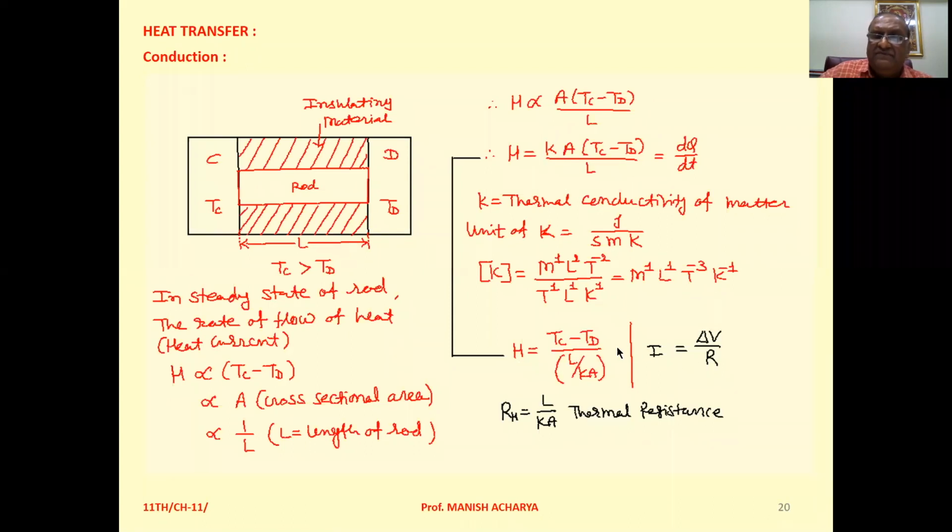If we think about the analogy, in this equation R is the electrical resistance, so we can say from this analogy L upon KA is the thermal resistance. That is called thermal resistance. So thermal resistance is given by L upon KA, and its unit we can write as Kelvin upon watt. Clear to all of you?